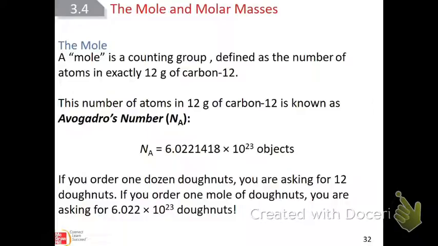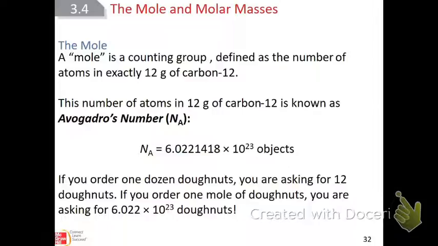And since that would be a lot to count, and it would take you a long time to count 602 heptillion, we seldom count that many particles. Instead, we use other ways to convey what we mean by 602 heptillion.